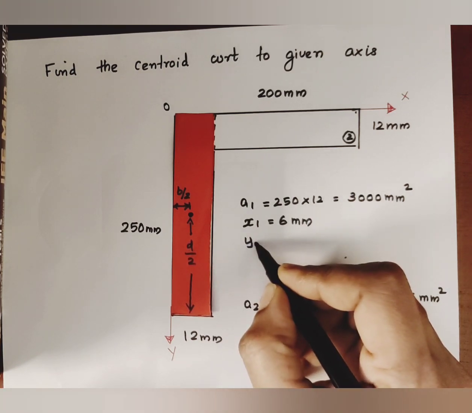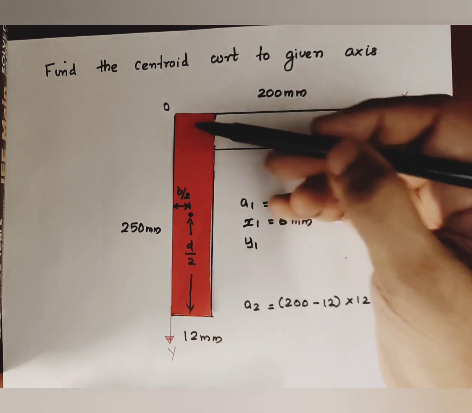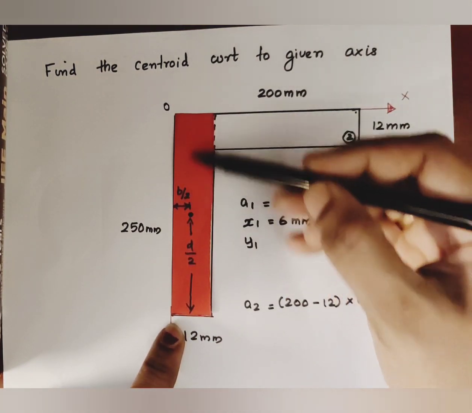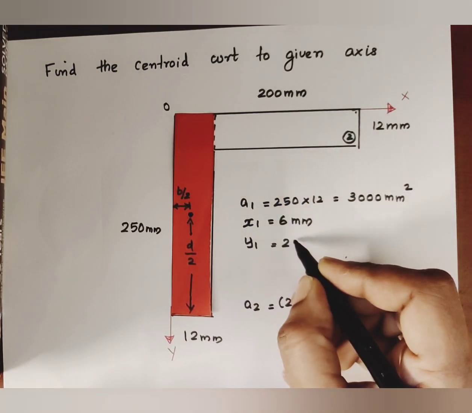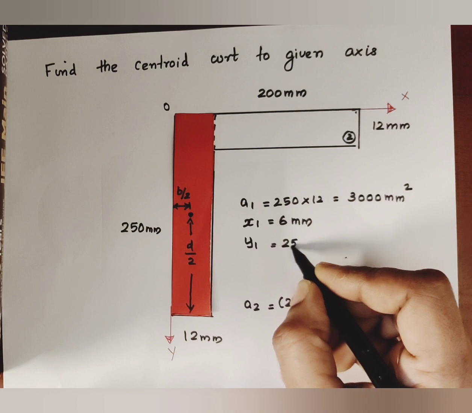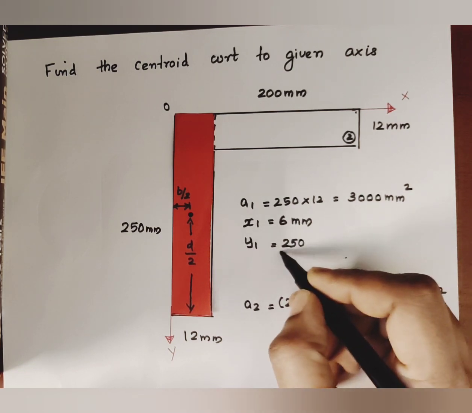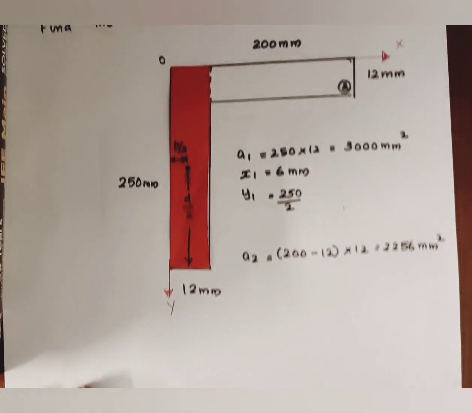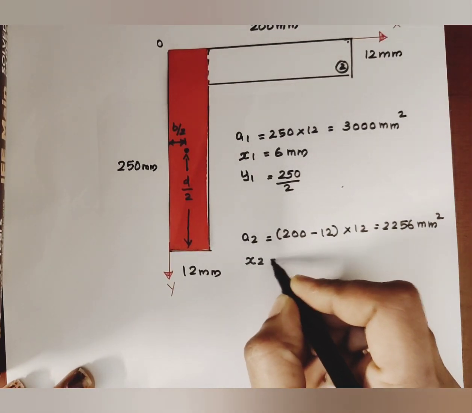And now y1 is measured with respect to this reference axis. So this is equal to d by 2 and this is also d by 2. So 250 by 2. So that is y1.